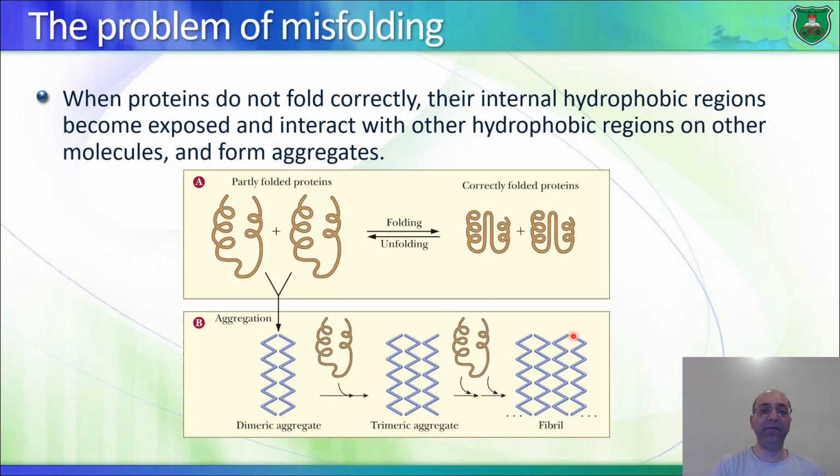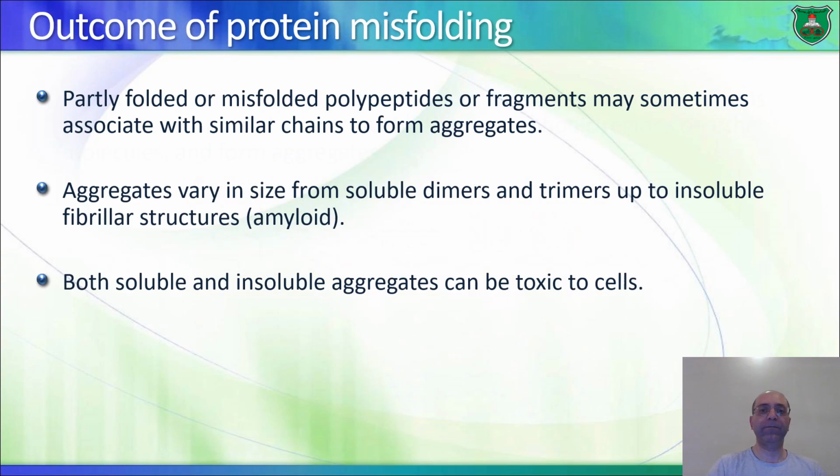This protein aggregation happens as a result of the interactions between hydrophobic regions of different proteins. And that causes a problem, because once you have a protein aggregate, you're talking about a large structure, and this structure would tend to precipitate and accumulate in tissues, and that causes tissue damage.